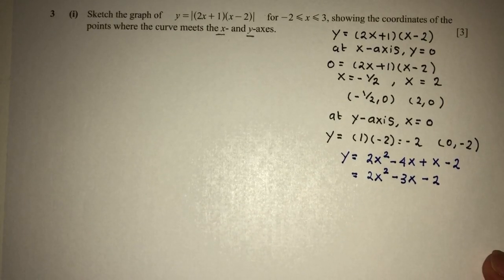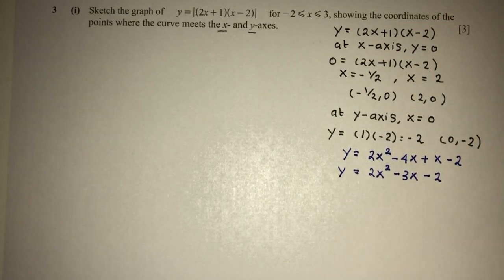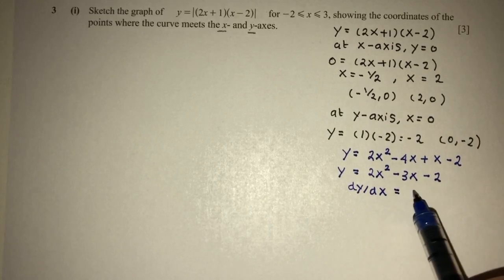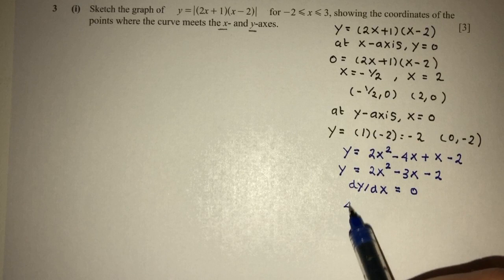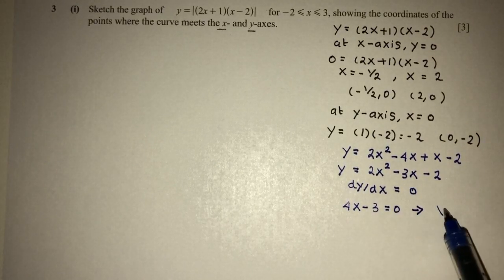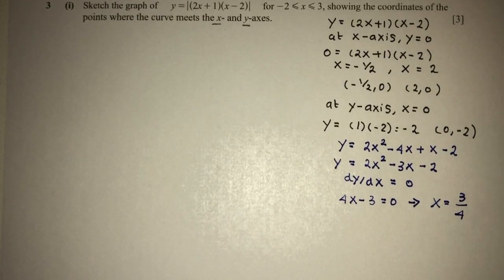Now we have to find the stationary value, which is the minimum point. We know this happens when dy/dx is 0. So let's find dy/dx. That will be 4x minus 3 equals 0. So from this, x has to be 3/4. Now find the corresponding y value.